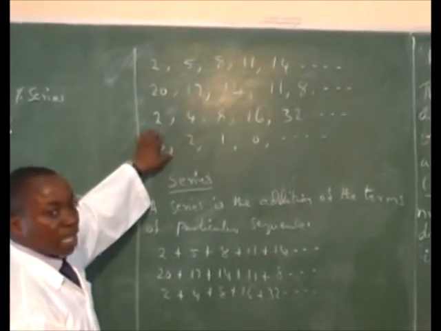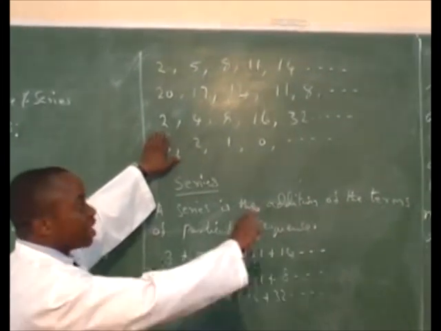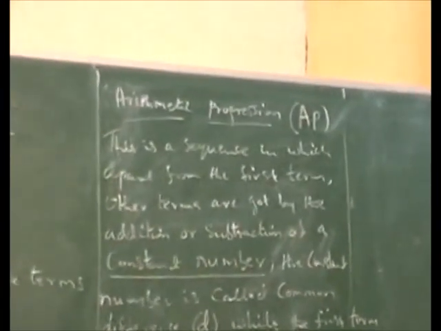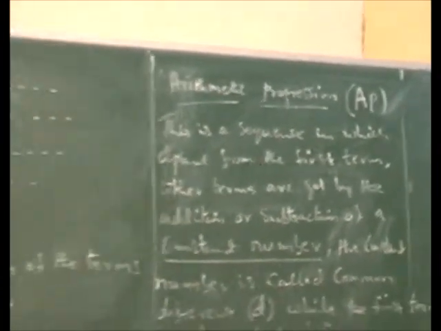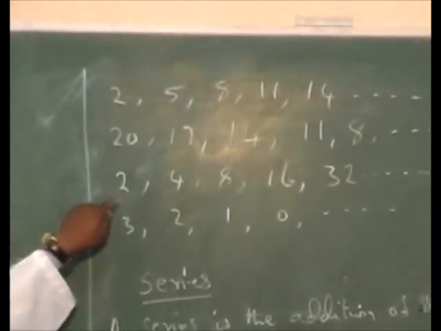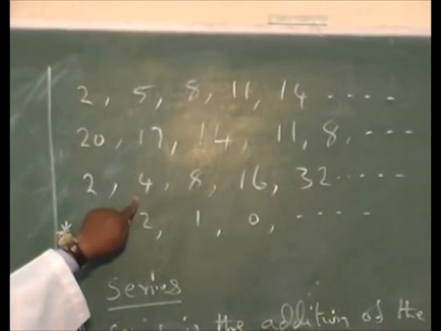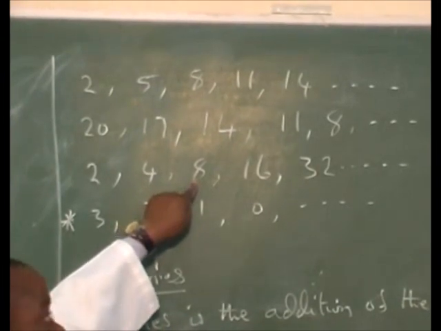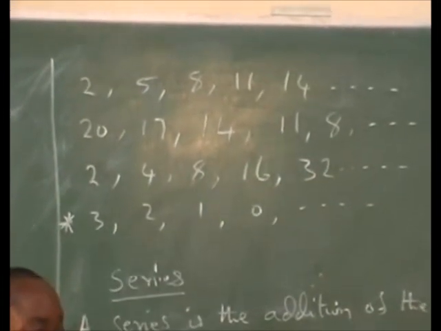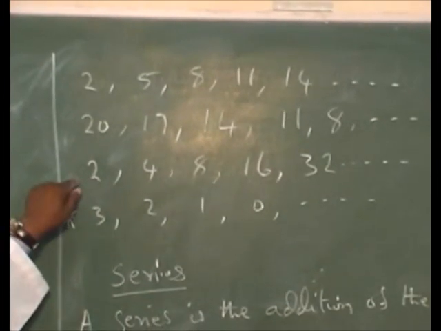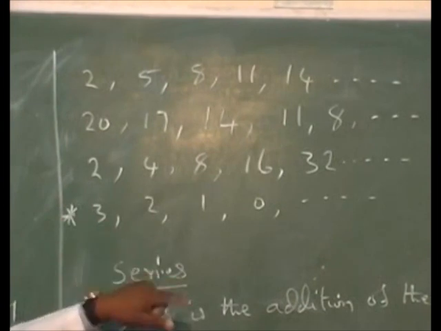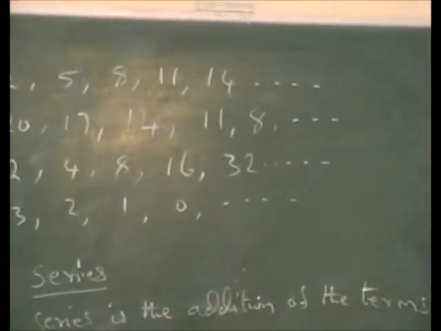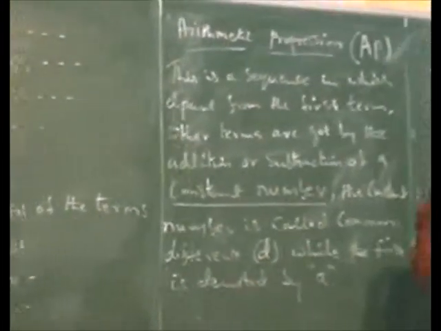This one is not arithmetic progression, because we define arithmetic progression as a sequence in which, apart from the first term, other ones are got by adding or subtracting. So in this one, we have 2 here. So for us to get 4, we multiply 2 by 2, we get 4. Multiply 4 by 2, you get 8. Multiply 8 by 2, you get 16. So this one is not arithmetic progression. This one is called geometric progression. So when we finish arithmetic progression, we are going to look at geometric progression also.